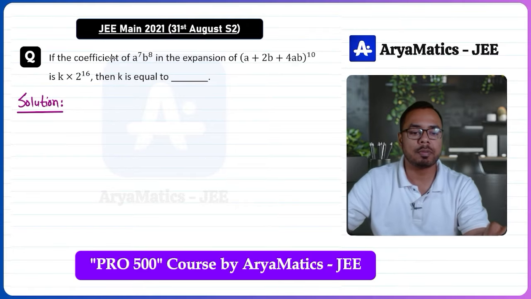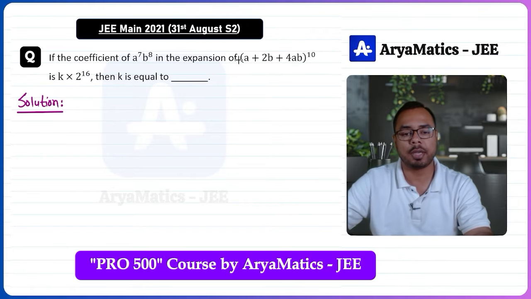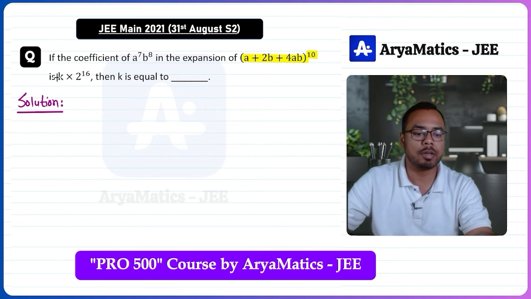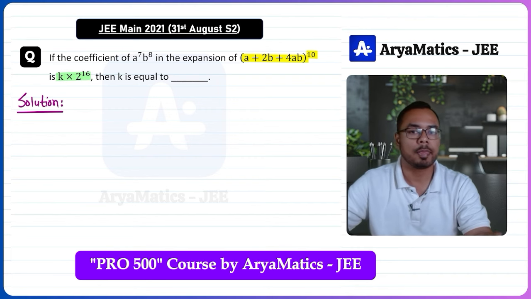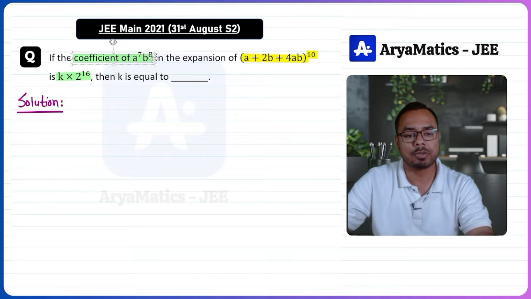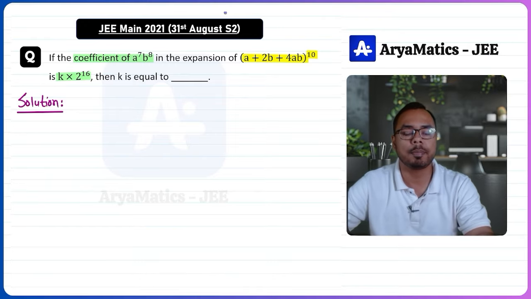If the coefficient of a raised to 7, b raised to 8 in the multinomial expansion of (a plus 2b plus 4ab) raised to 10 is k into 2 raised to 16, then we have to find the value of k. Now, the most common method of solving this problem is to use the general multinomial theorem.